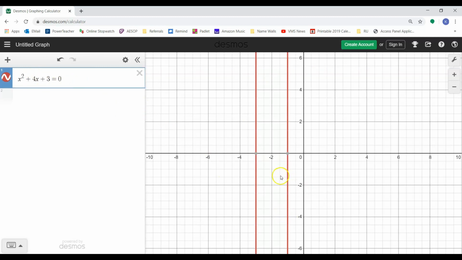And so if you type that into Desmos, notice that there's 2 lines that appear, and we can click on both of those lines and find where they cross the x-axis. And if we find where they cross the x-axis, they actually cross at negative 3 and negative 1.